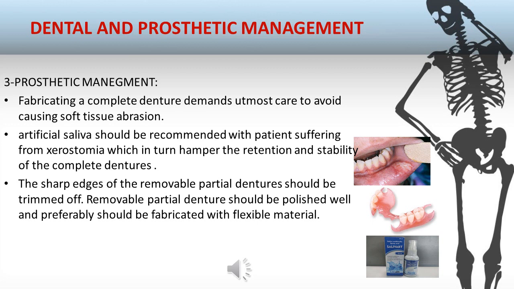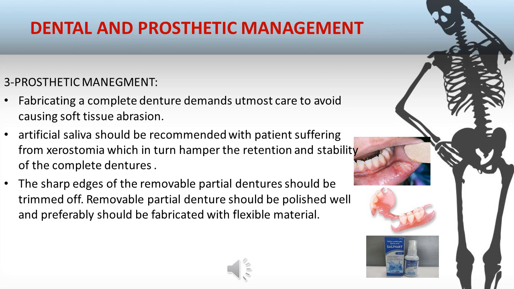For this, we should prescribe topical sialagogues, which help increase salivary flow without causing any side effects. Also, the sharp edges of a removable partial denture should be trimmed off.